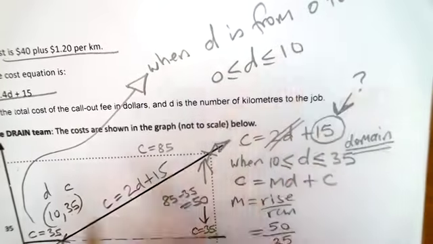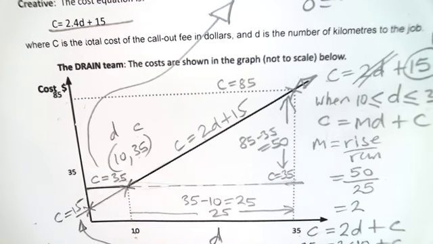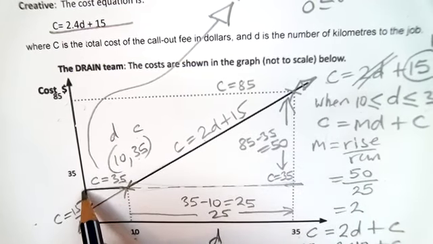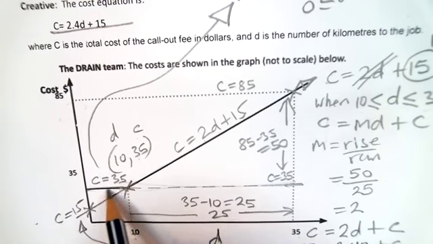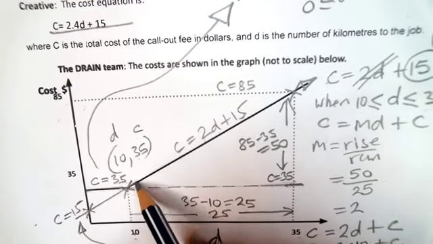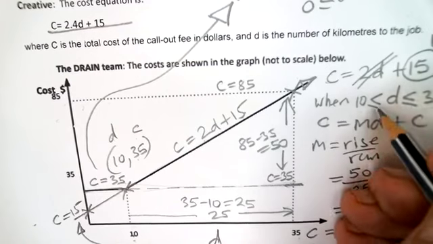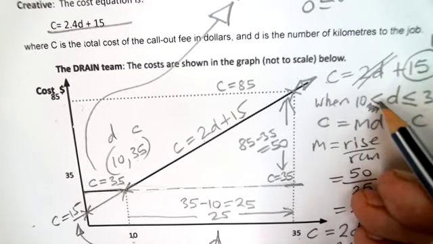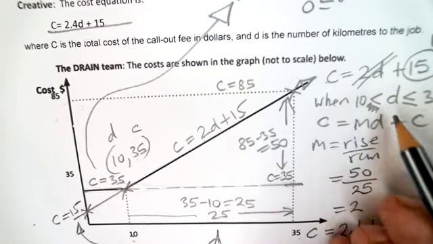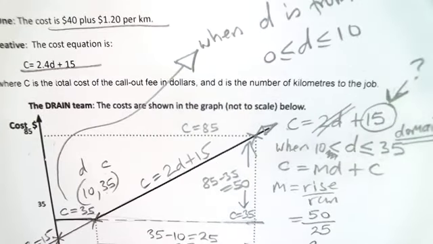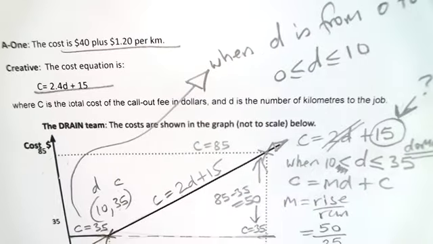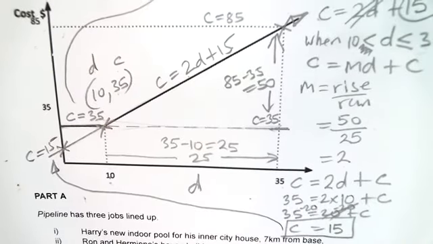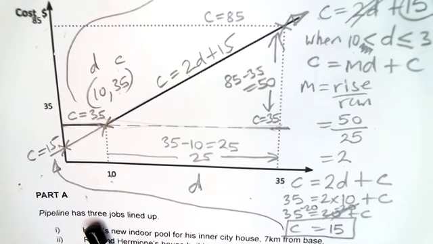Of course, it can't be equal to 10 for both of these. So it's from 0 to 10 for this line here, and for this line here, it's greater than 10. So you might even cross out that bit there. D is going to be greater than 10, but I don't think they're going to worry about the detail there. But nonetheless, that's what I would do. And that is, anyway, the answer to where the C equals 15 comes from. Hope that makes sense.